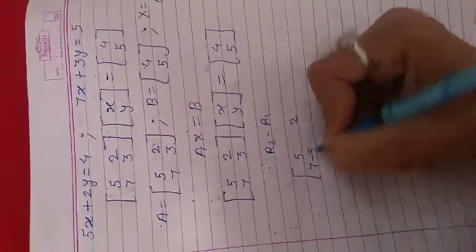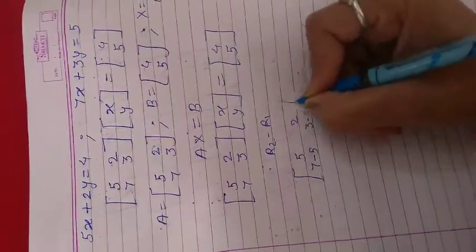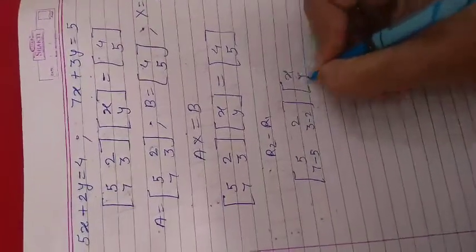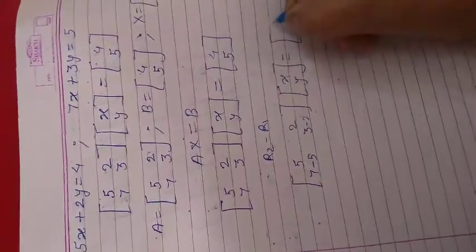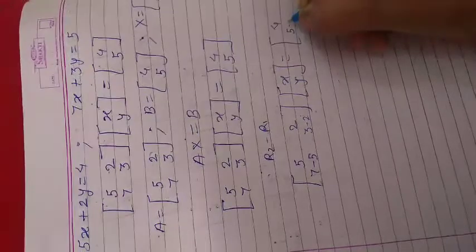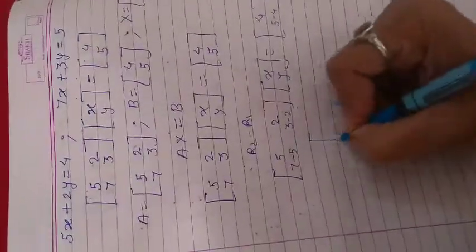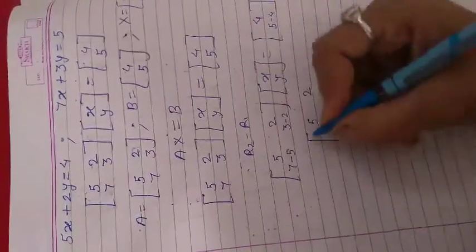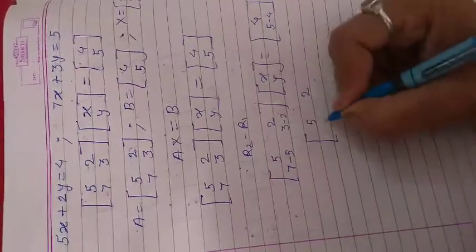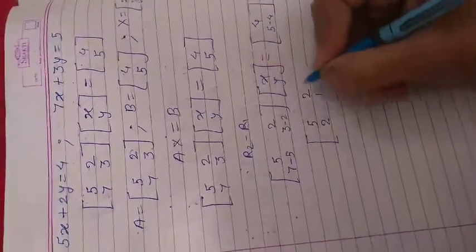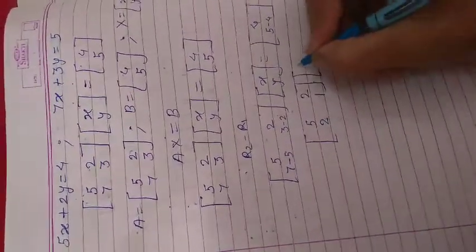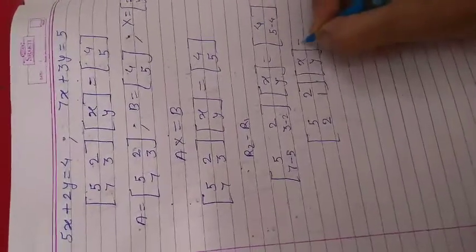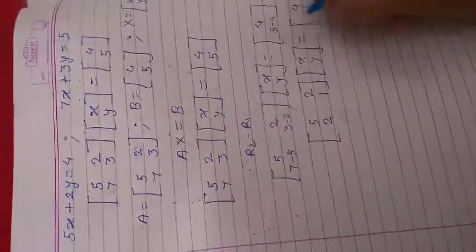R2 minus R1. Now this is [x; y] is equal to 4, R2 minus R1. Now this is 5, 2. This is 7 minus 5 means 2. 3 minus 2 is 1. And this is [x; y]. This is 4 and this is 1.